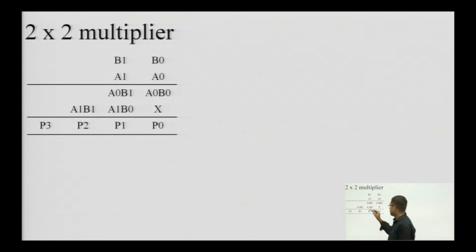If these are to be multiplied, then first a naught will be multiplied by b naught to generate a naught b naught. Similarly, then a naught will be multiplied by b 1 to generate a naught b 1. Then we will be putting a cross here, and then this a 1 will be multiplied by b naught. So, a 1 b naught, then a 1 with b 1. So, a 1 b 1. So, this is the product generation.